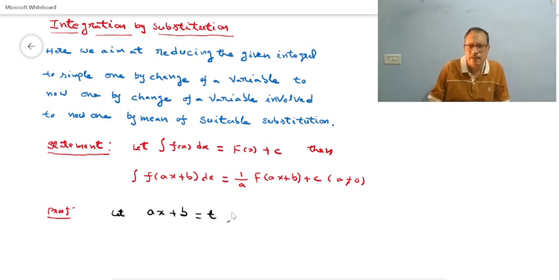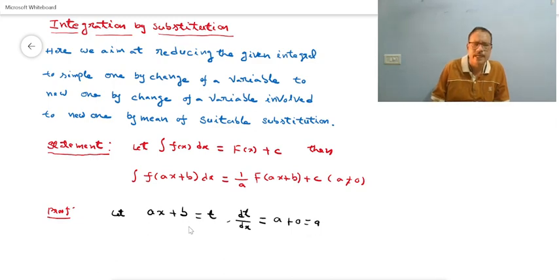Now differentiating t with respect to x, dt by dx is equal to a into d by dx of x, which is 1, so a into 1, that is a, plus d by dx of the constant, that is 0. So this is equal to a.